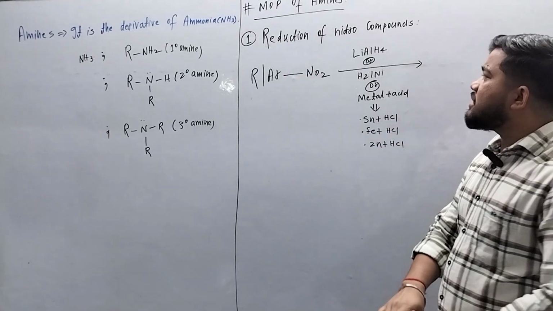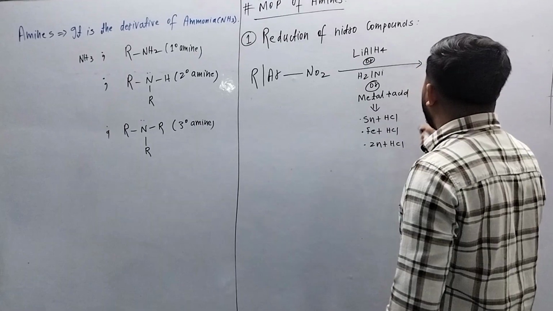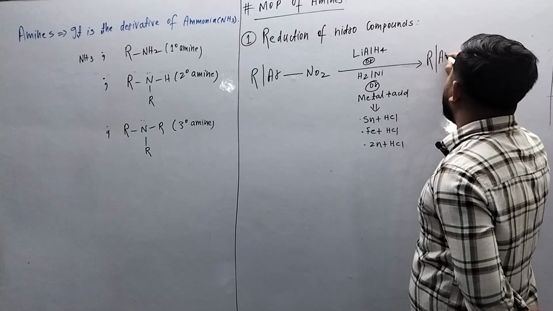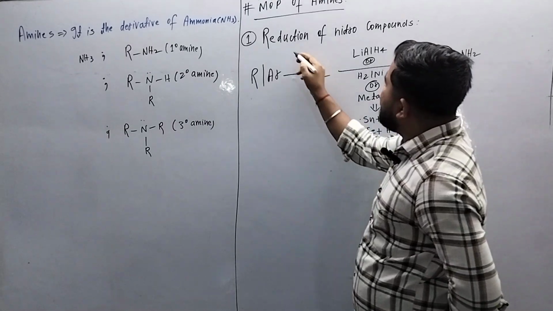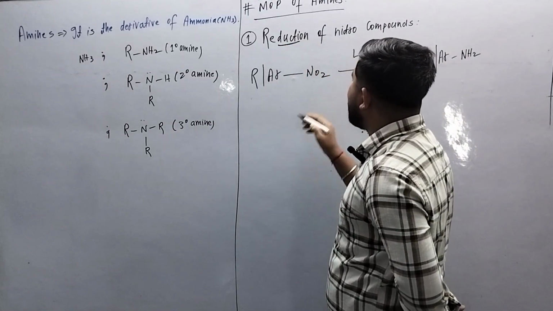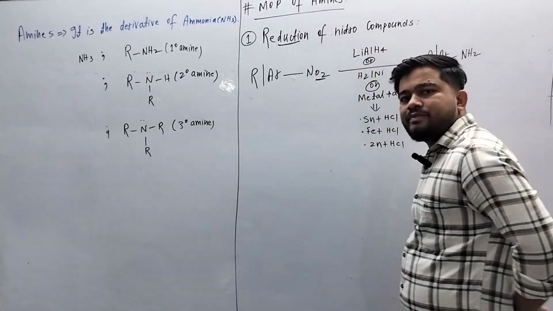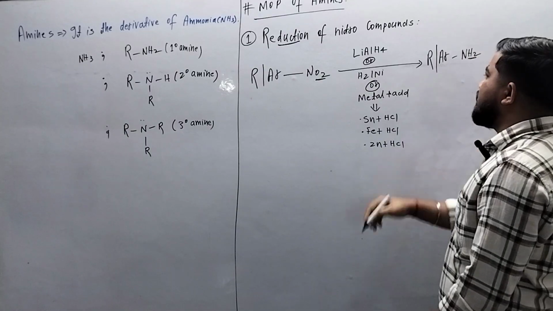That means oxygen is removed and hydrogen will be added. That means our product will be either alkyl group or aryl group with NH2. As we know that reduction is the removal of oxygen and the addition of hydrogen.